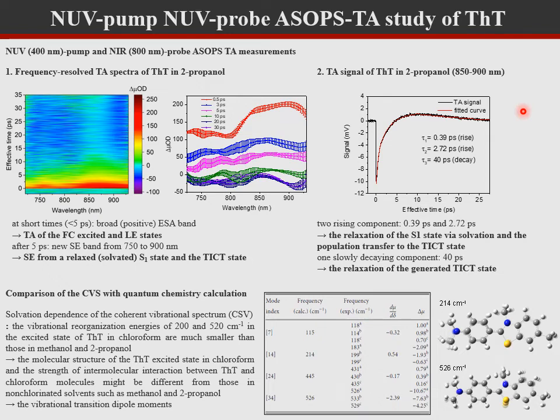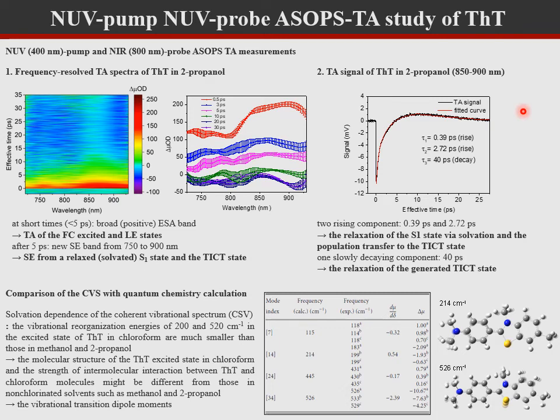We examined the vibrational transition dipole moments of 4 different vibrational modes. We calculated dipole moments for varying displacement along their vibrational eigenvectors. It turns out that the 2 modes with frequency of 214 and 526 wave number have notably large transition dipole moments.